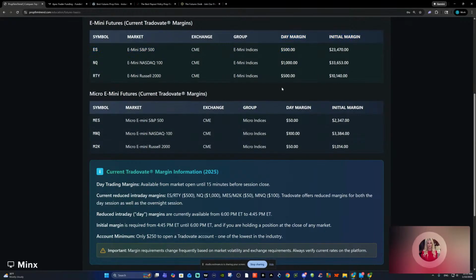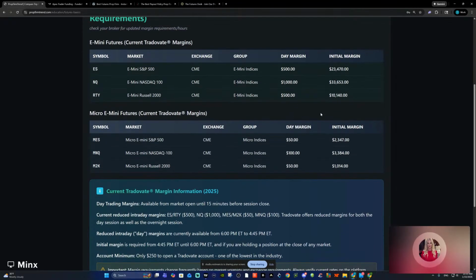So for me as a day trader, as a scalper, I don't need to put 20, 30, 40 grand into an account to trade one contract. Even if I'm trading the micros, I can have a $2,000 port and trade micros with it.